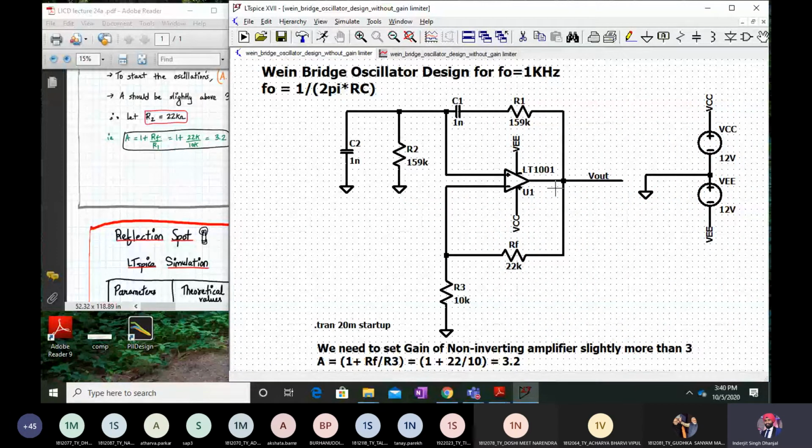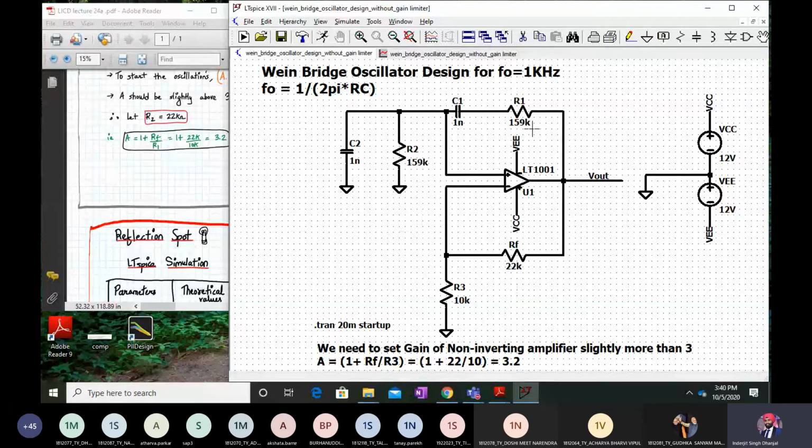Okay, now the gain criterion is satisfied. How is the phase shift criterion satisfied? Anyone? Over here, the two RC elements which we have, the series one and the parallel one, form the feedback network. So this R1 C1 and R2 C2 form the feedback network.